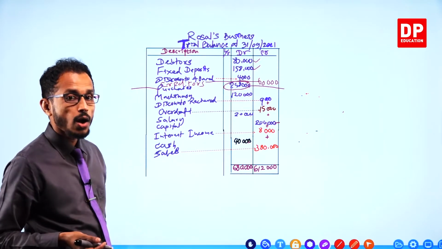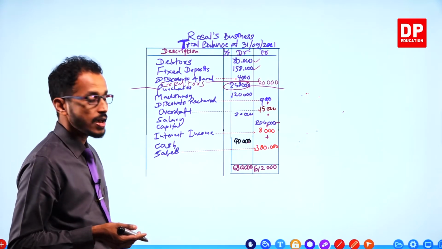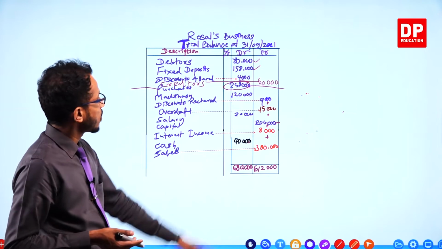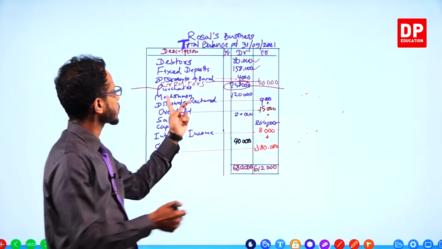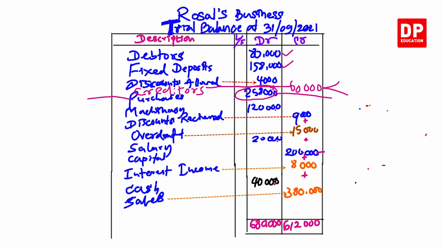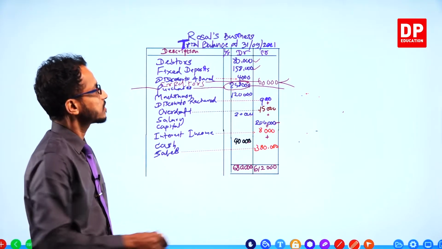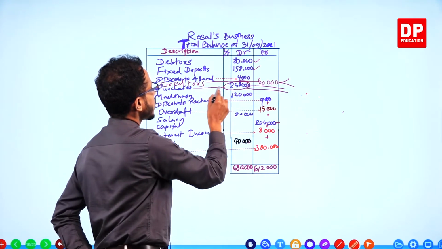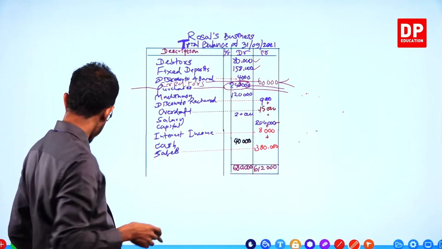Now we found out what has gone wrong. We missed one item in the credit side, that is creditors, 60,000. And then we made another mistake by putting purchases as 258. It should be 250,000. All right.